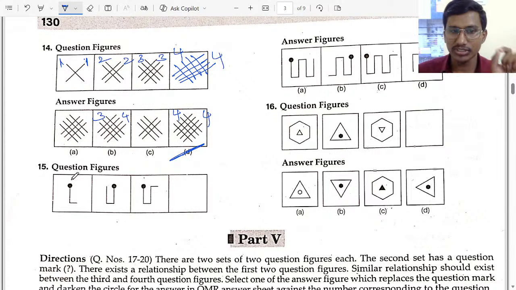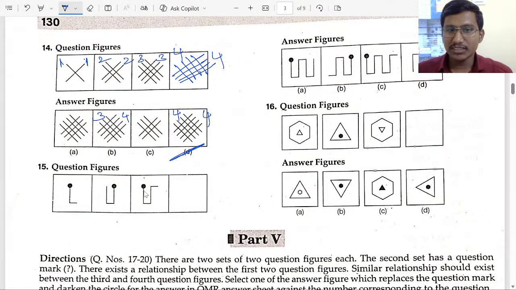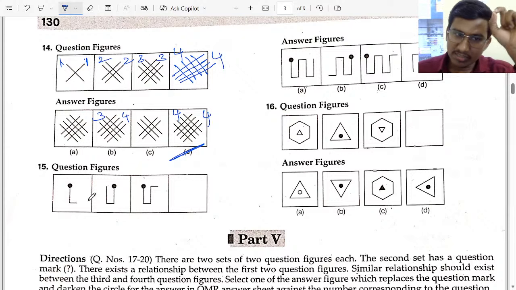Now the 15th question. So the dot is going next, right? If you see, it is moving, okay? So what answer will come for the 15th, tell me? This is moving up and down, okay?